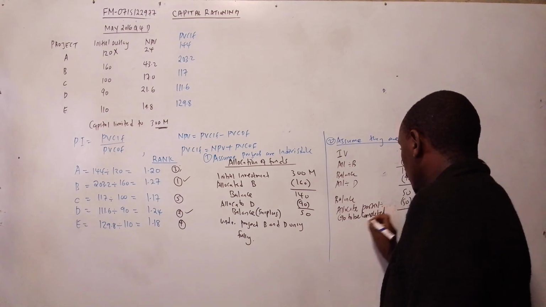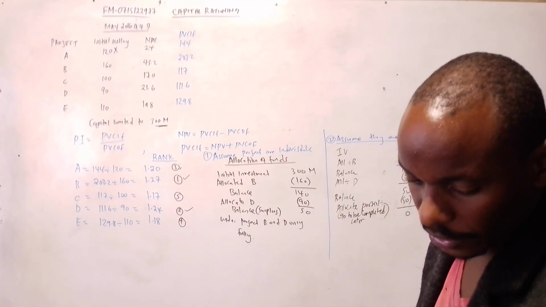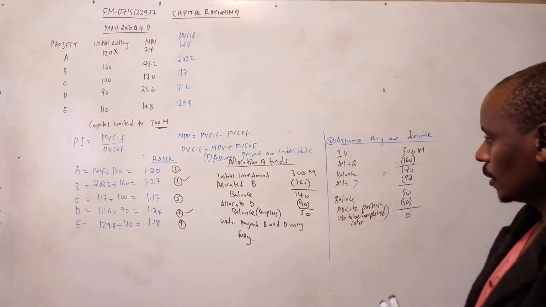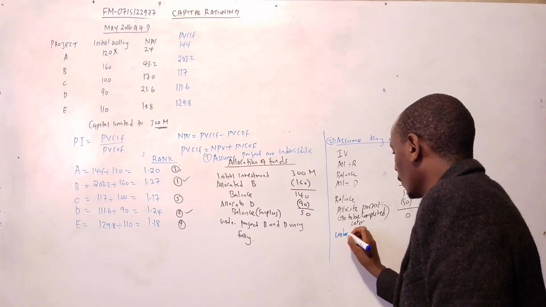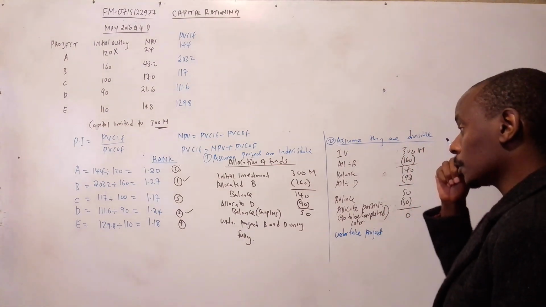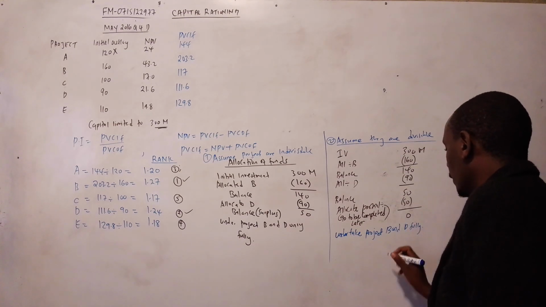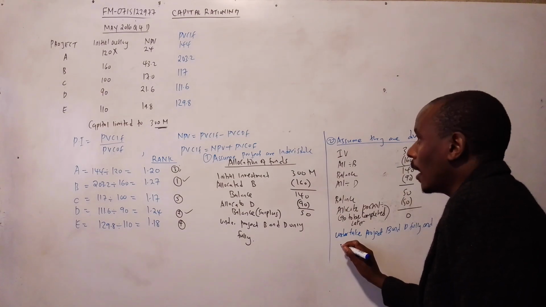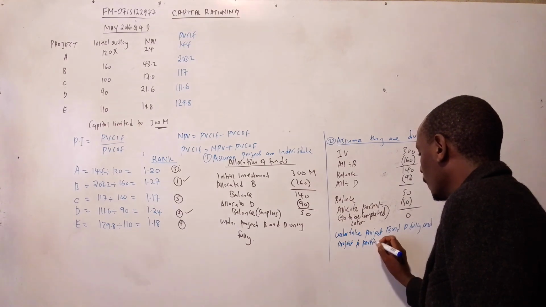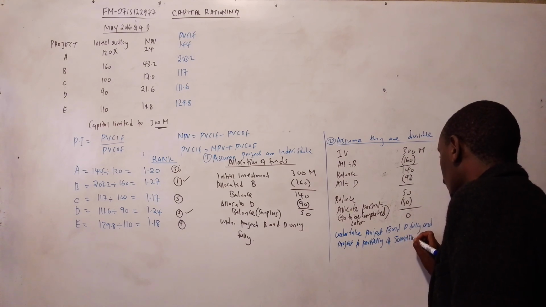So if we were to advise when the projects are divisible, we shall say: undertake project B and D fully, and project A partially, of only 50 million out of 120 million.